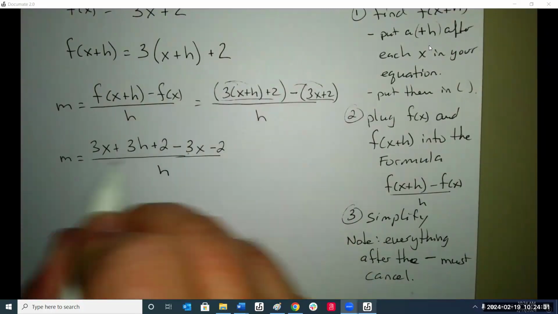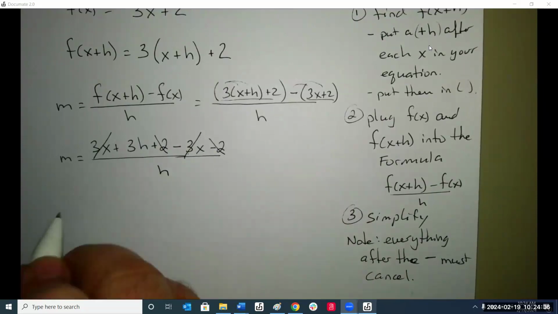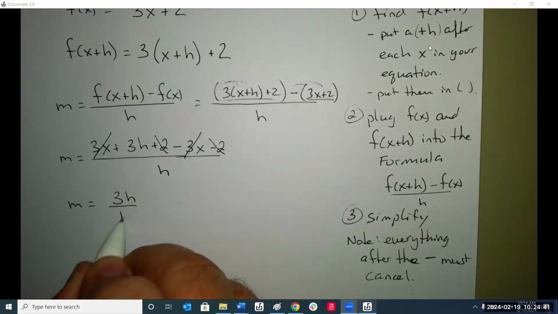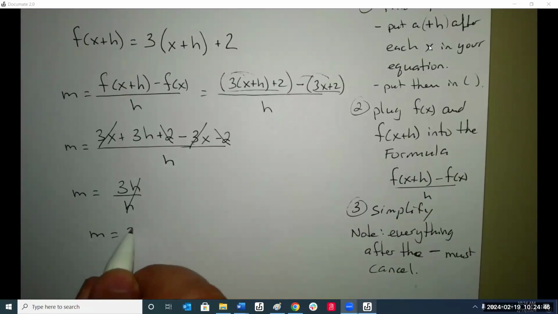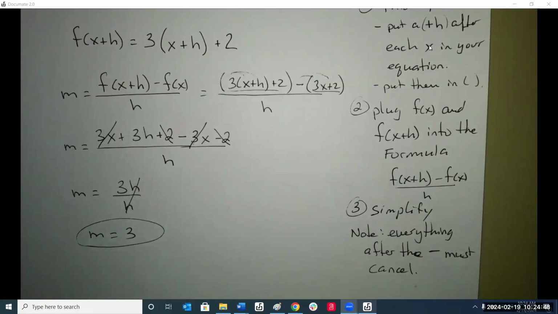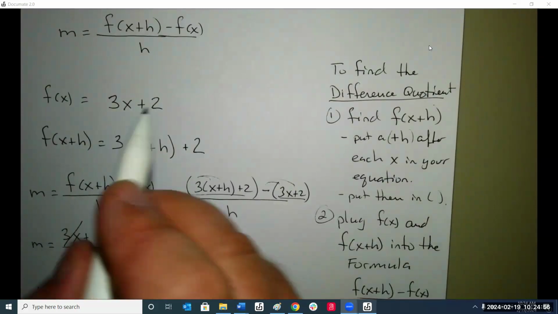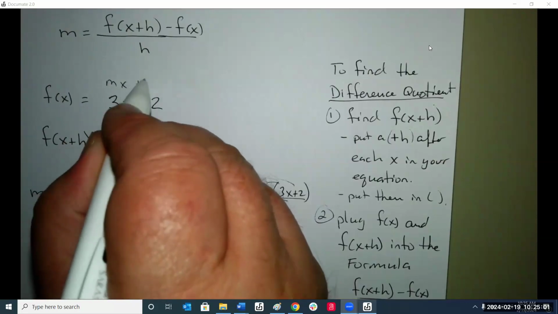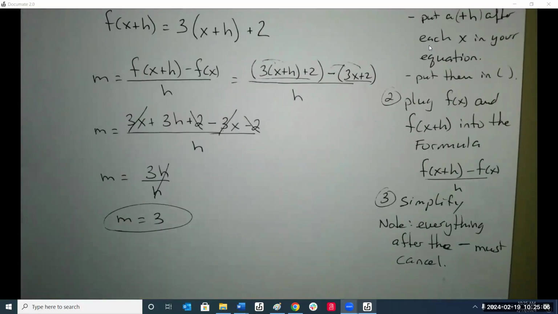So we have negative 3x and a positive 3x, a negative 2 and a positive 2. The h's cancel, and our slope is 3. Well, we know that already because our original equation is mx plus b. The slope we knew was supposed to be 3. That's just a way of testing it.